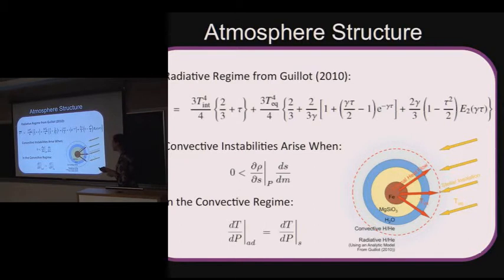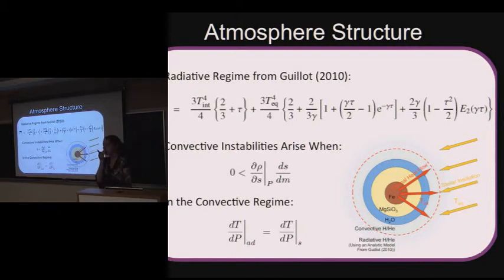So this first term is just the familiar Eddington atmosphere, and then the second messy term just accounts for absorption of visible light coming in to the planet atmosphere.